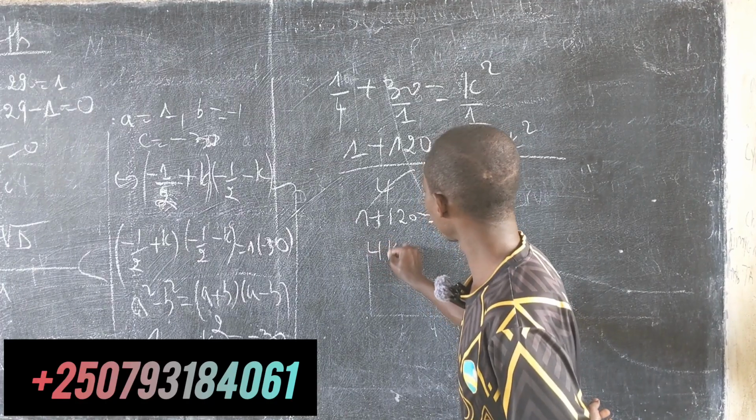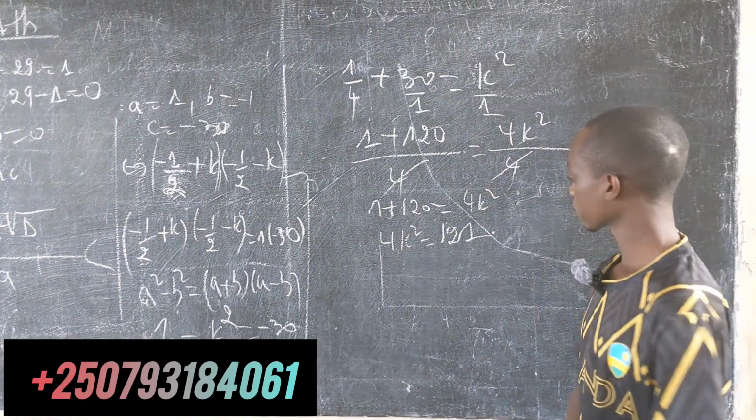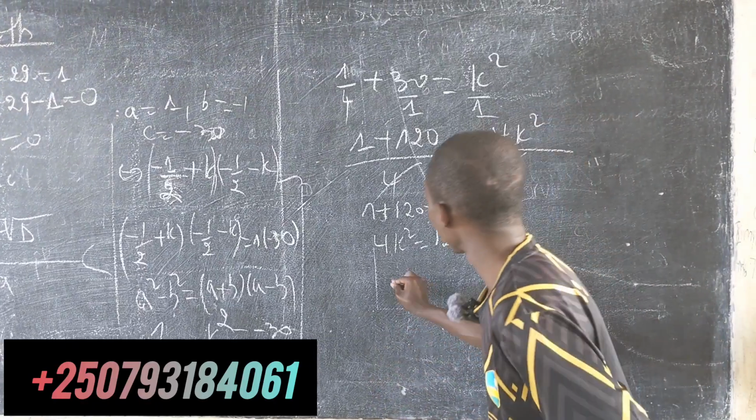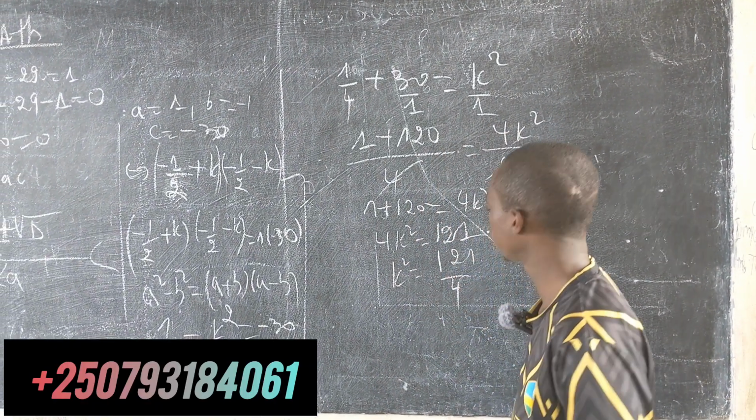So 4k square is going to be 121. What about k square? K square is going to be 121 divided by 4.